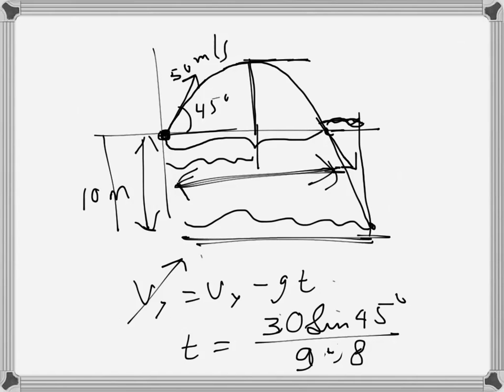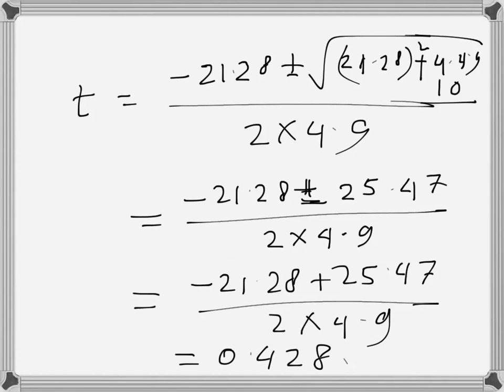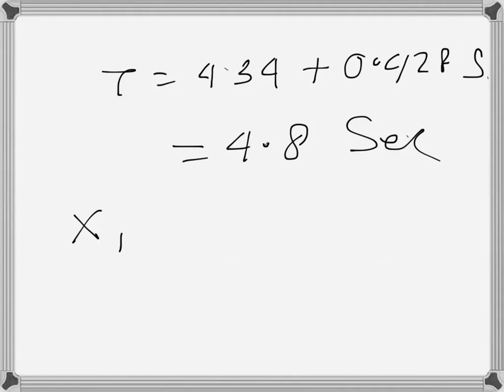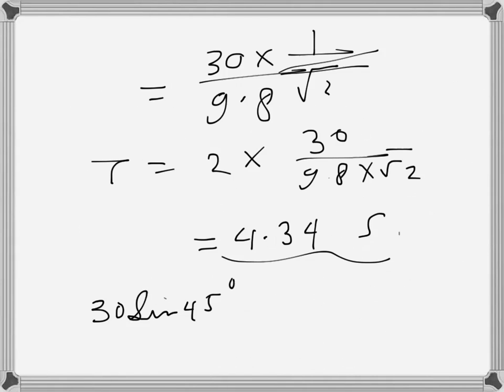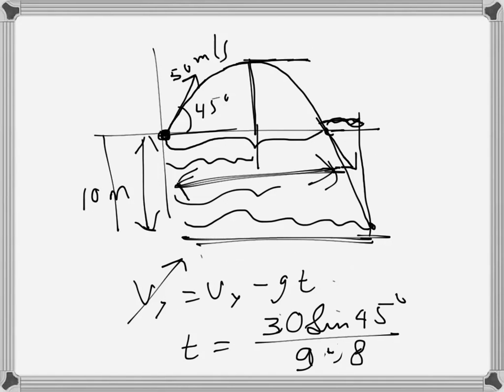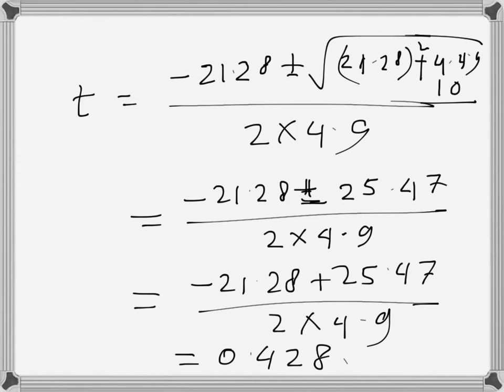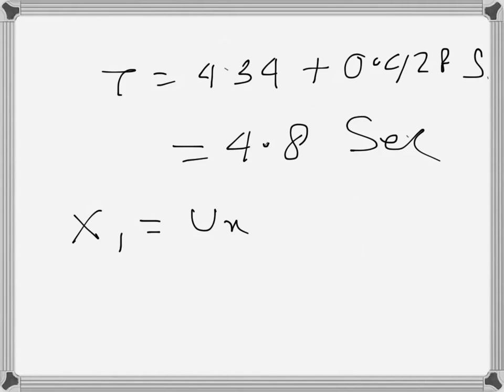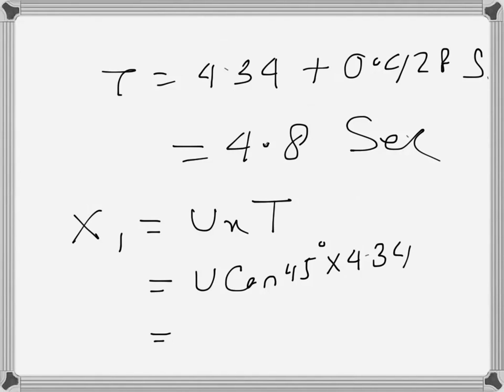In order to calculate how far away it lands, we can do x1, which is this one. It will be ux times time, if we write the big T, so that's u cos 45 degrees, and time is 4.34, so u is 30, cos 45 degrees times 4.34.